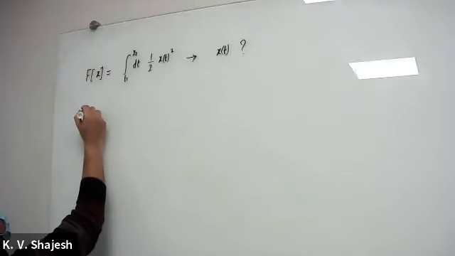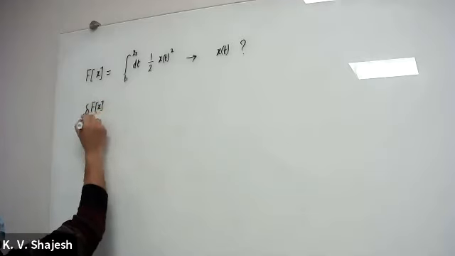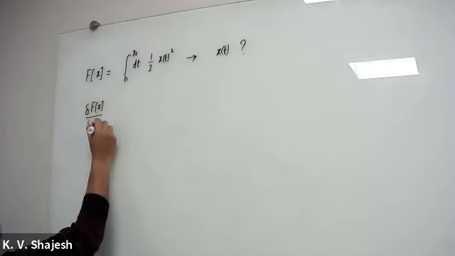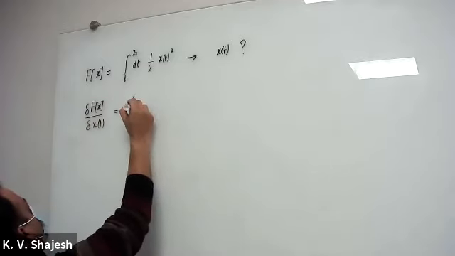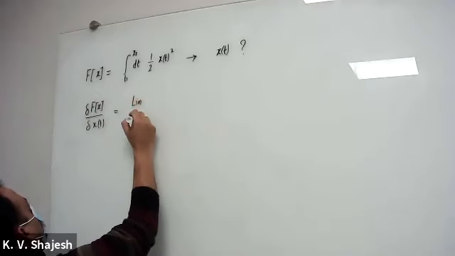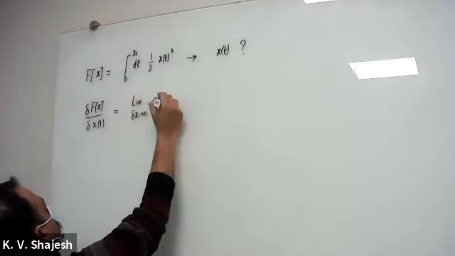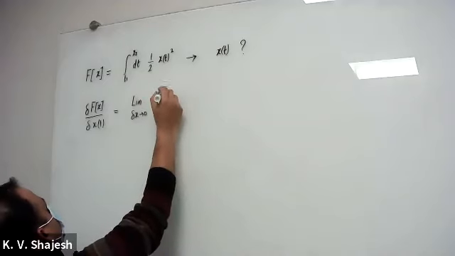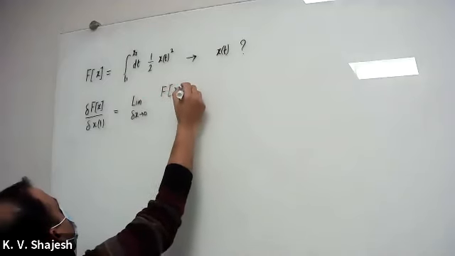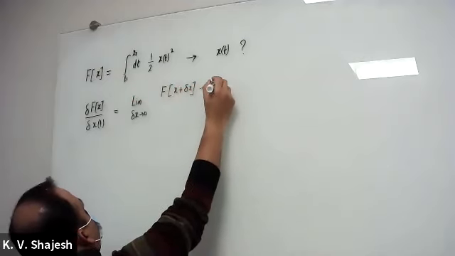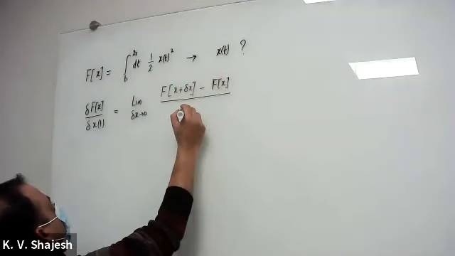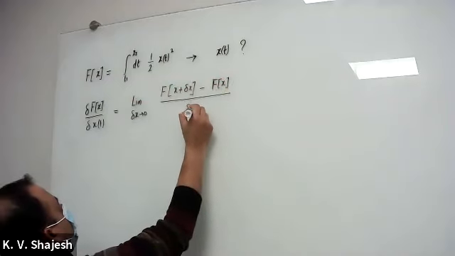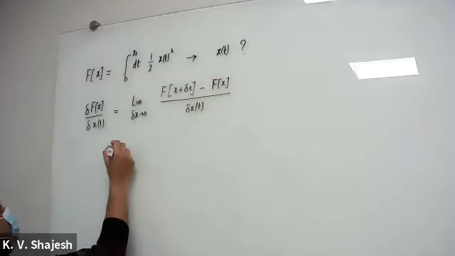So again, the functional derivative, not writing the limit there, is equal to the limit as delta x tends to 0 of f of x plus delta x minus f of x, divided by delta x at the value t.